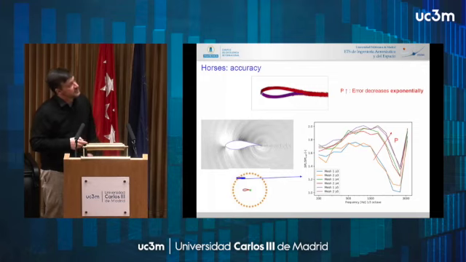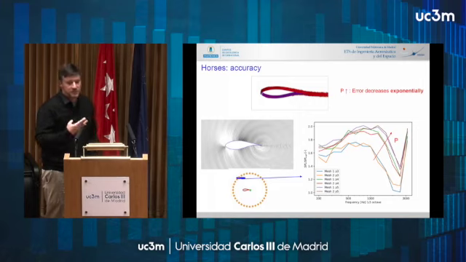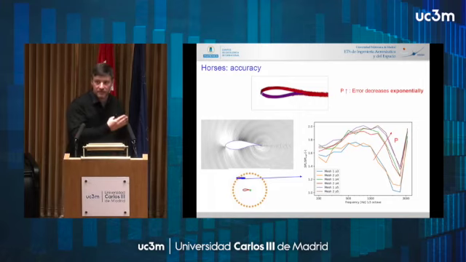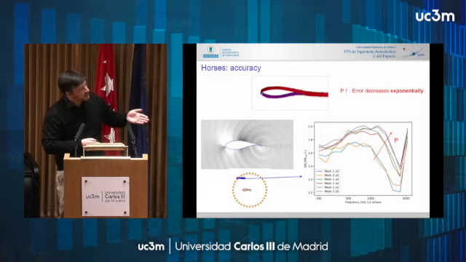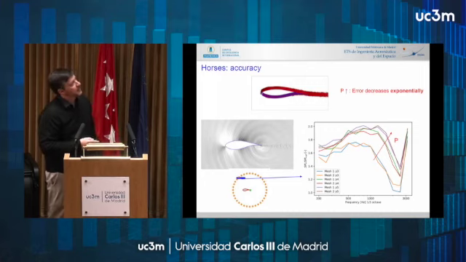First we check the accuracy, and we observe that when we increase the polynomial order, we get this spectral convergence, this very rapid convergence that we get for the very basic flows, this elliptic problem where everything was decaying very fast. We also observe it here in a much more complex simulation. So we do get this exponential decrease of the error.